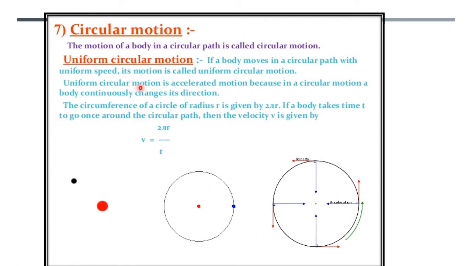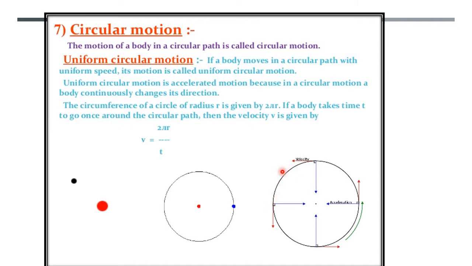Uniform circular motion is accelerated motion because in circular motion a body continuously changes its direction. Whenever an object is moving in a circular path, there is a change in direction. Can you see over here? This is one part, and then it changes its direction from here, moving a little bit inward.